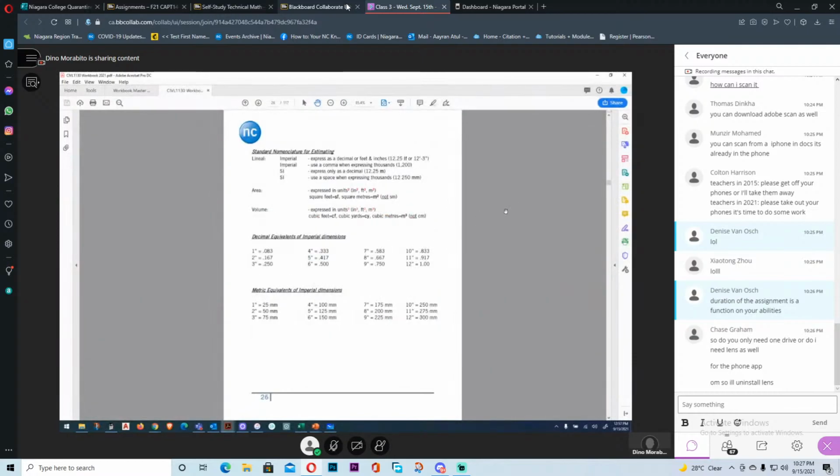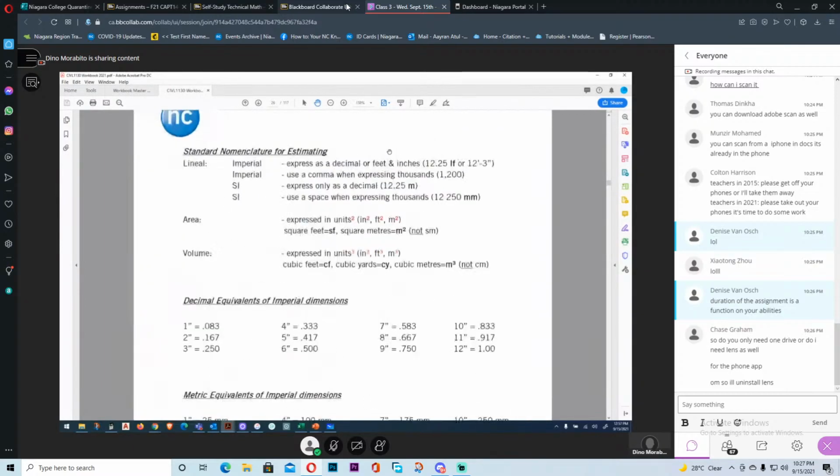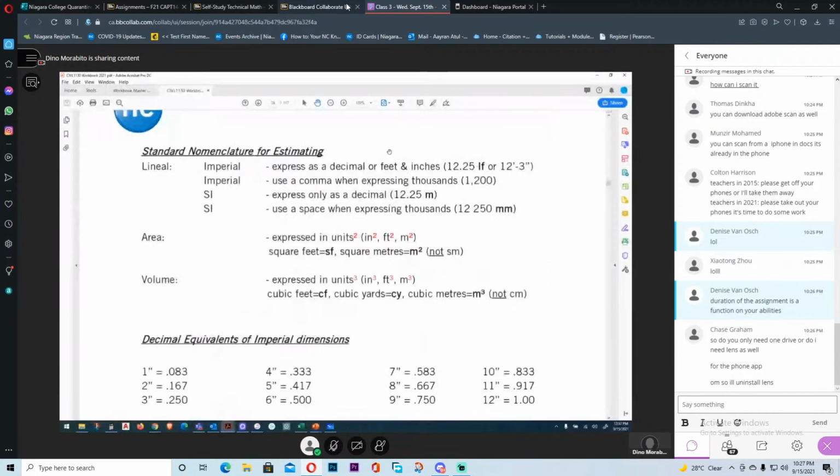And now I've got a page here with some information that I think is helpful for you. Okay, standard way of expressing these numbers. In imperial units, I can call it 12 foot 3 inches. But if I call it 12.25, I need to specify that's lineal feet.